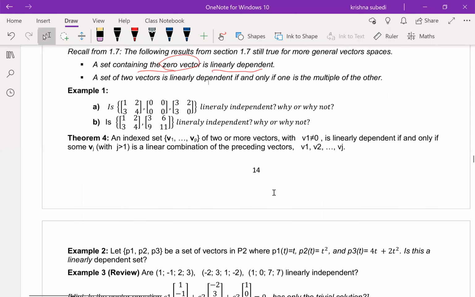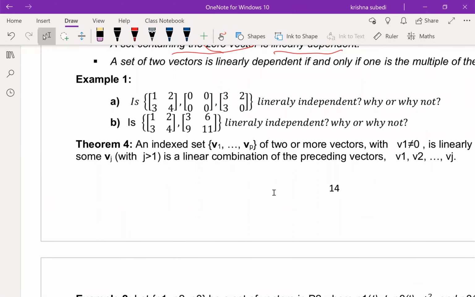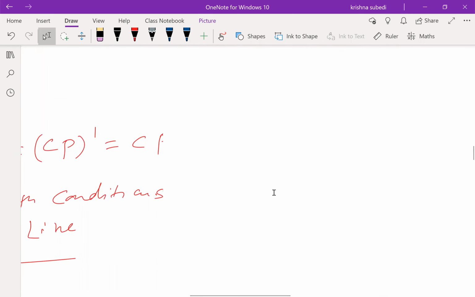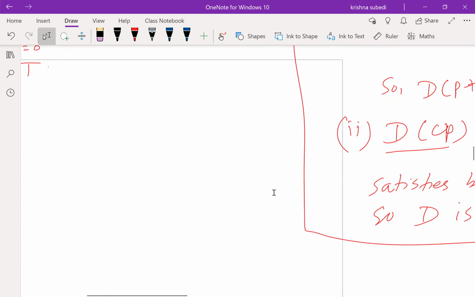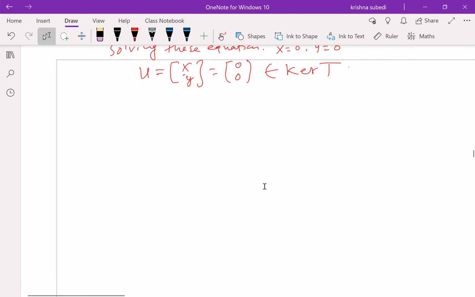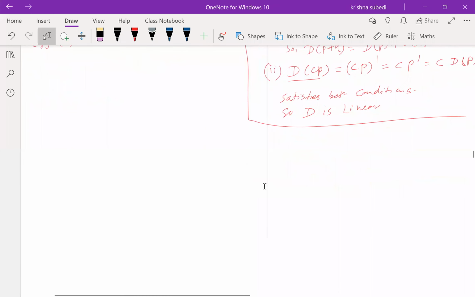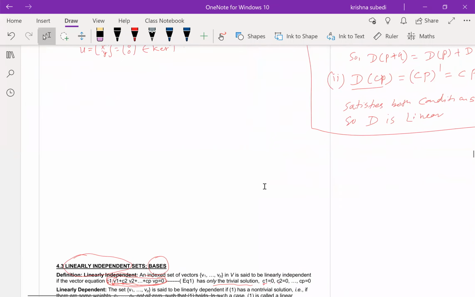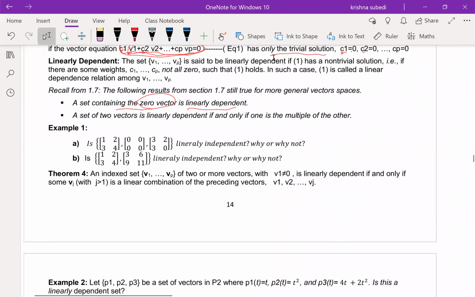Okay. Example 1. I want you to tell me part A. Is this linearly dependent or independent?